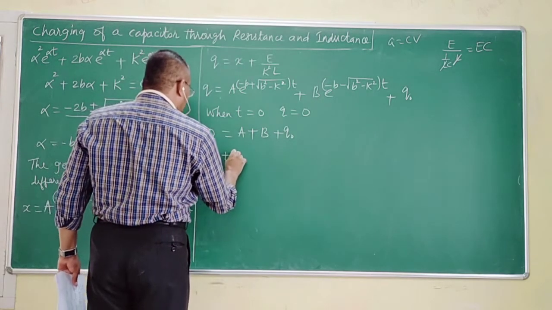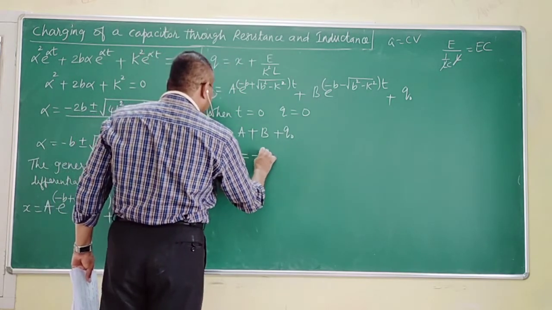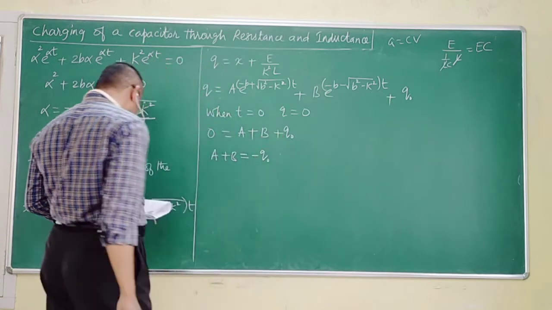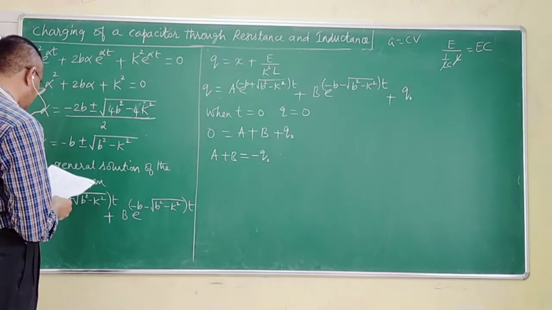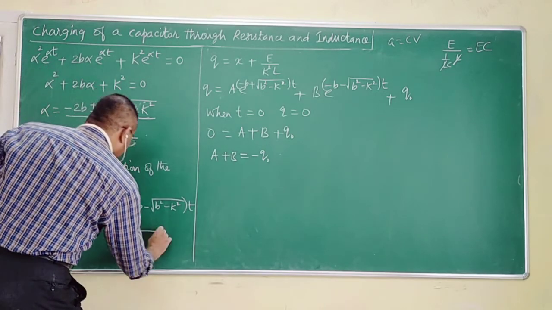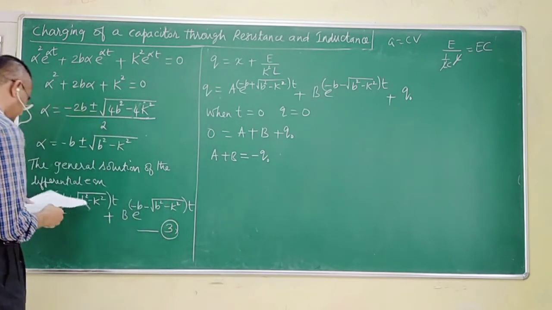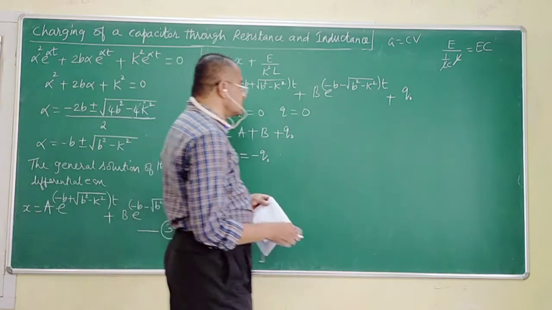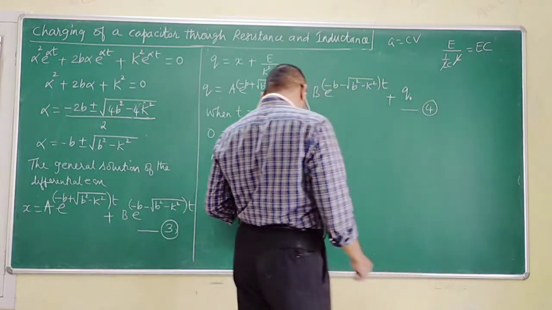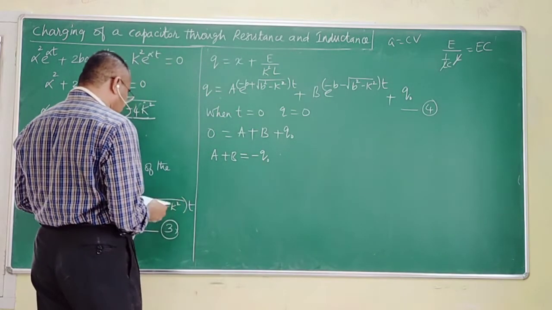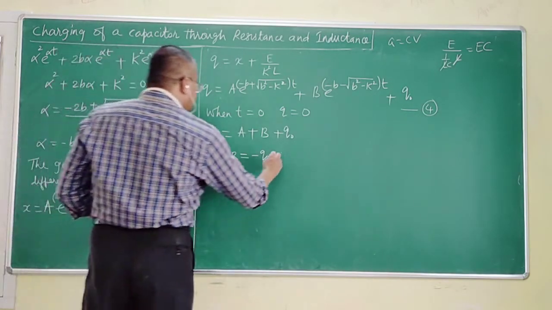I get A plus B is equal to minus q naught. I have not given the numbers. I have missed the numbers. Let me write the numbers. First of all, this is equation 3 for me. This is equation 4 for me. Is that okay to you? Okay. This is equation 5 for me.